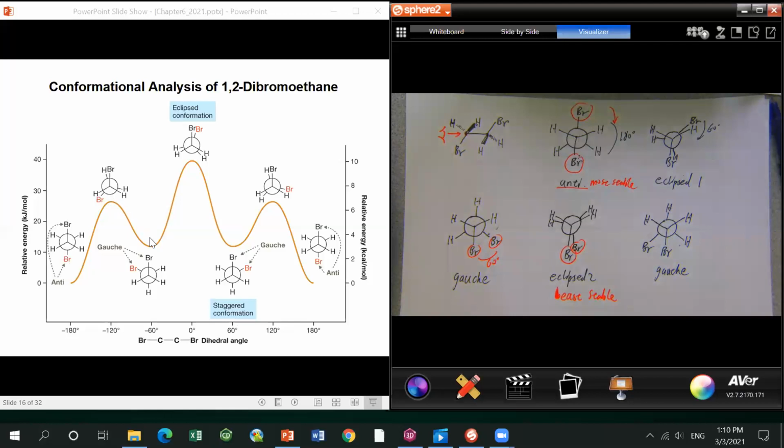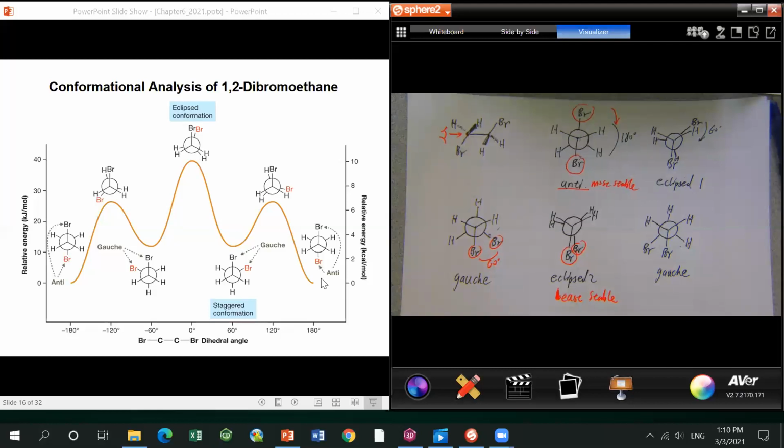Then we rotate another 60 degrees and generate a gauche conformation. If we further rotate the back carbon, that gives the most unstable conformation, where the two big groups overlap each other, the least stable one. And then you can continue this process.